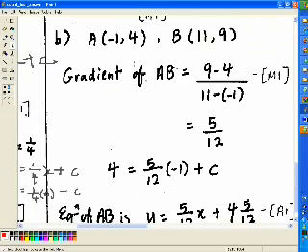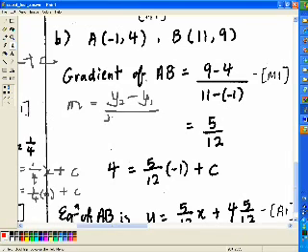Therefore, you need to remember the formula: y2 minus y1 over x2 minus x1.